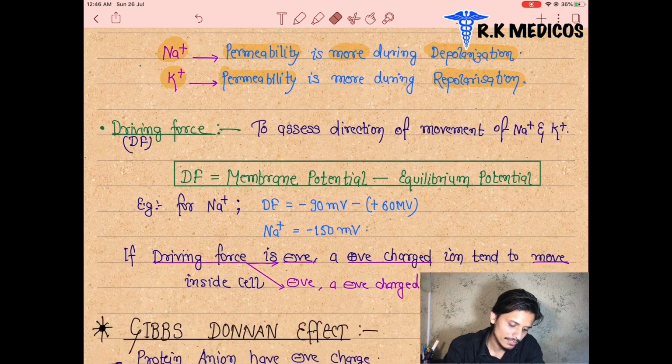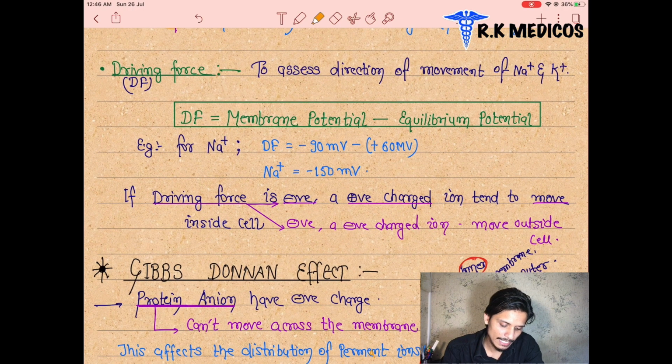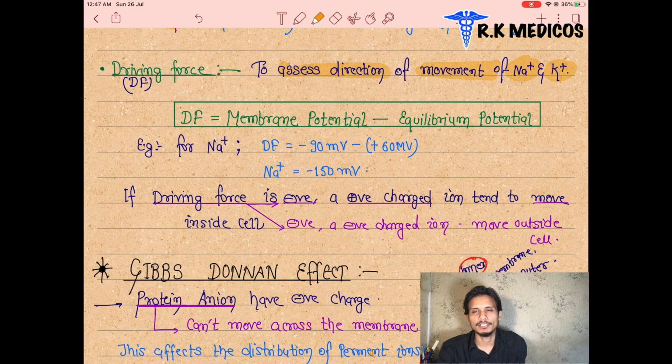Next, what does the driving force mean here? It assesses the direction of movement of sodium and potassium ions, where they are going to move, and that is determined by the driving force. The driving force is calculated as the membrane potential minus the equilibrium potential.